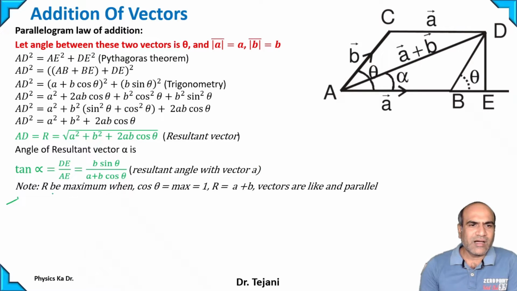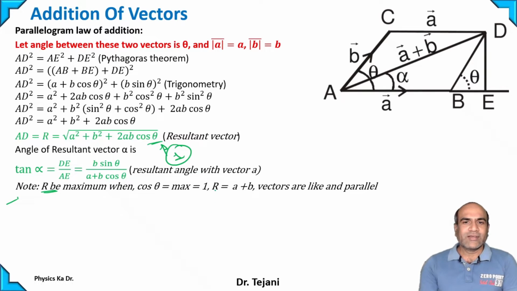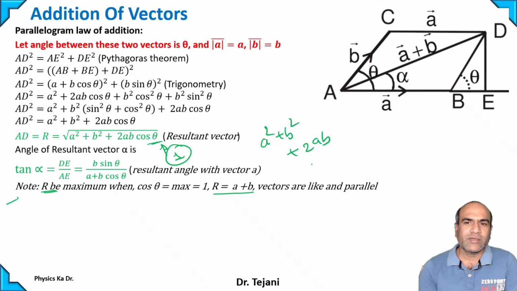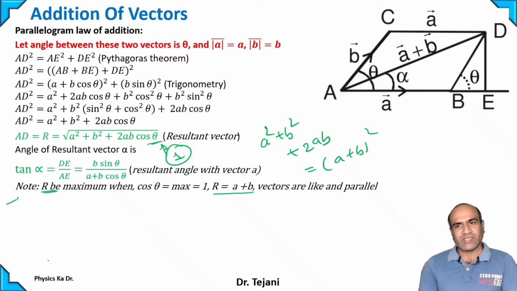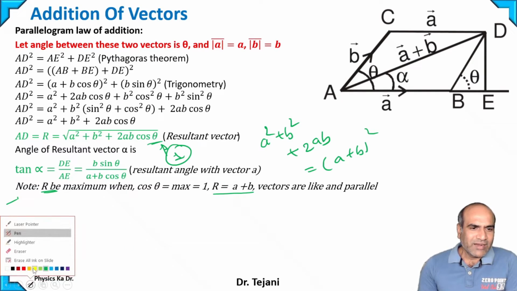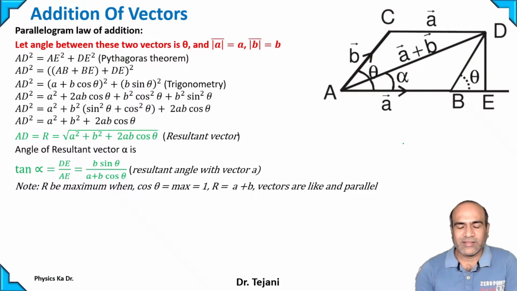Here R becomes maximum when cos theta becomes maximum. So the maximum value of cos theta possible is 1. At that time, when you take 1, A square plus B square plus 2AB is equal to A plus B whole square, and therefore R is equal to A plus B. When does it happen? When theta is equal to 0.